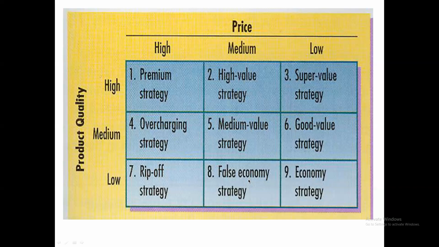They cannot afford that amount of price. And this is also economical for the producer, the manufacturer also. That is the economy strategy. And if I repeat the strategies: premium strategy, high value strategy, super value strategy, overcharging strategy, medium value strategy, good value strategy, rip-off strategy, false economy, and economy strategy.